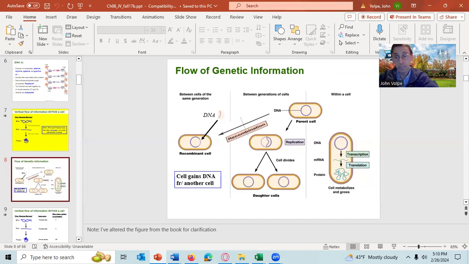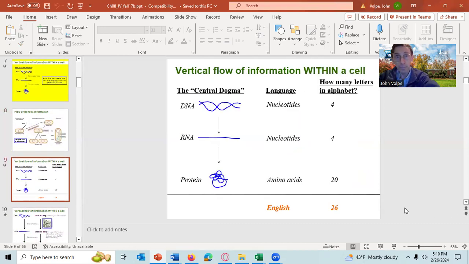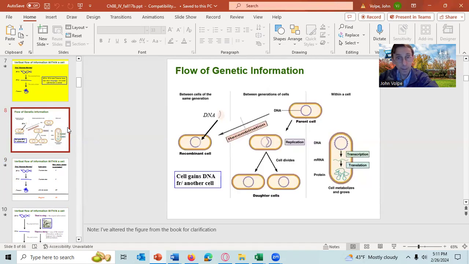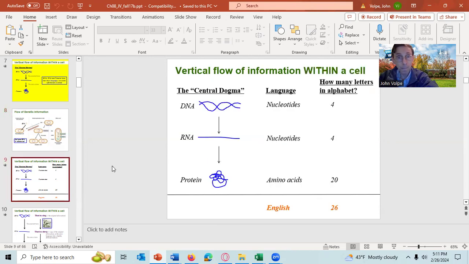All right. Let's talk a little bit more about the flow of information within a cell. This is called the vertical flow of information. The horizontal flow of information is this one here, where DNA flows from the parent cell to the daughter cells. Anyways, the information stored in DNA is in the nucleotides of the DNA.